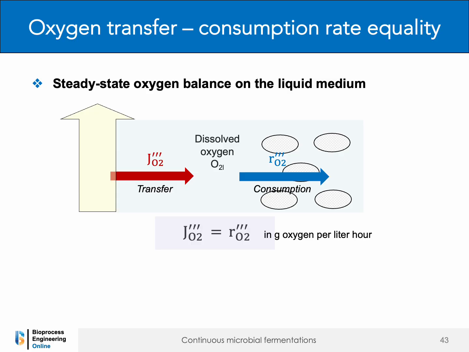When expressed per unit volume of liquid, this balance can be written as J_O2 equals R_O2. This relationship is commonly expressed using the terminology oxygen transfer rate, OTR, equals oxygen uptake rate, OUR.